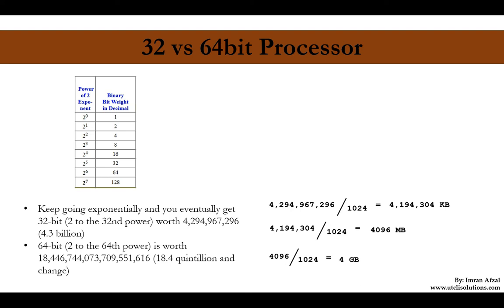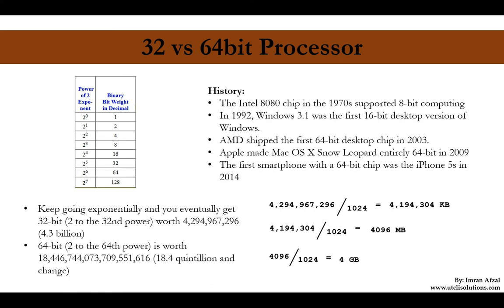Let's look at a quick brief history of our processors, how they came into being. The Intel 8080 chip in the 1970s supported 8-bit computing. That's so low. Now, in 1992, Windows 3.1 was the first 16-bit desktop version of Windows.